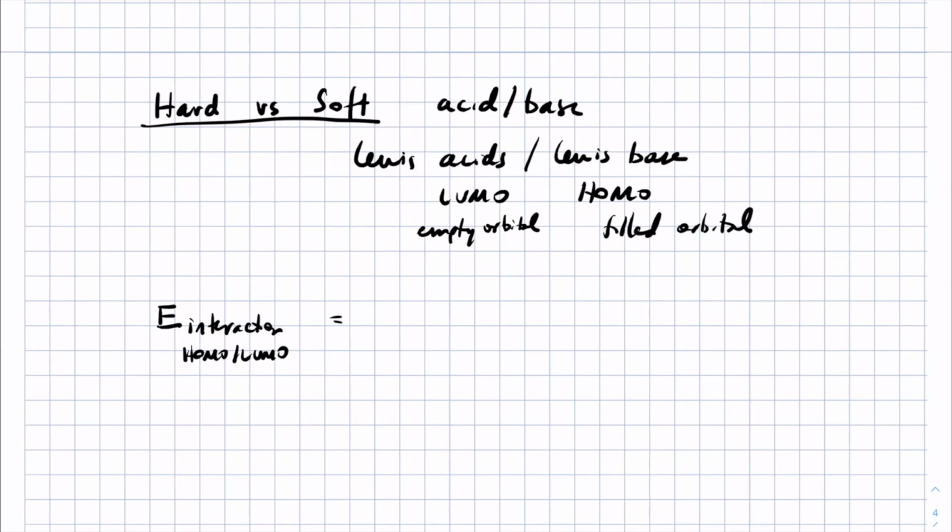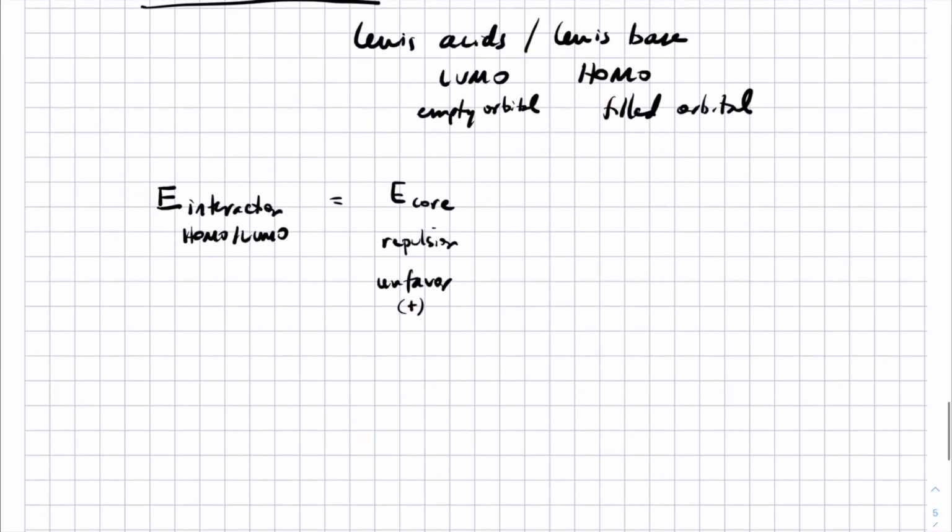And they say this should be related to a core energy repulsion, which should be unfavorable and therefore positive. This is just electron-electron repulsion as the nucleophile and electrophile approach each other, repulsion of maybe the core electrons.